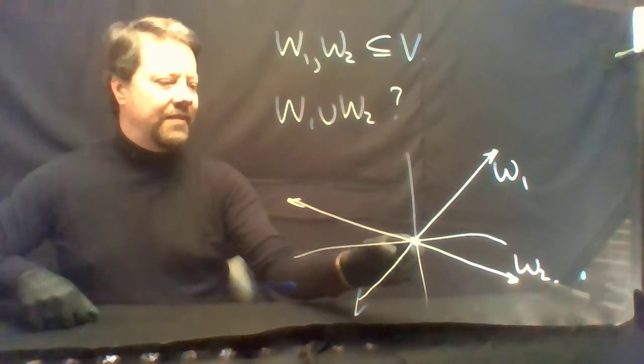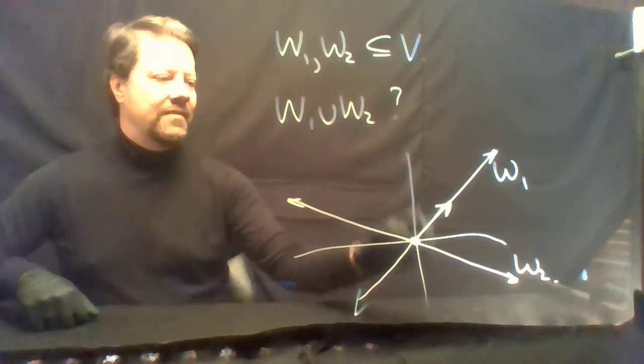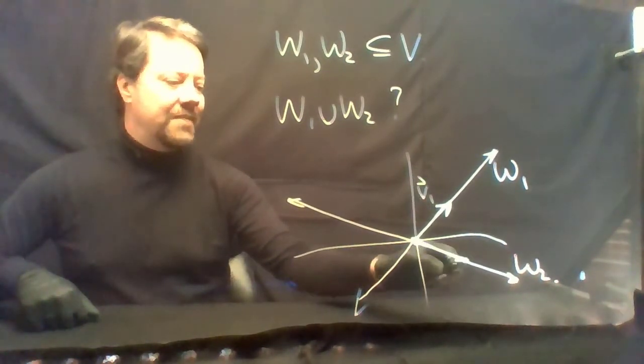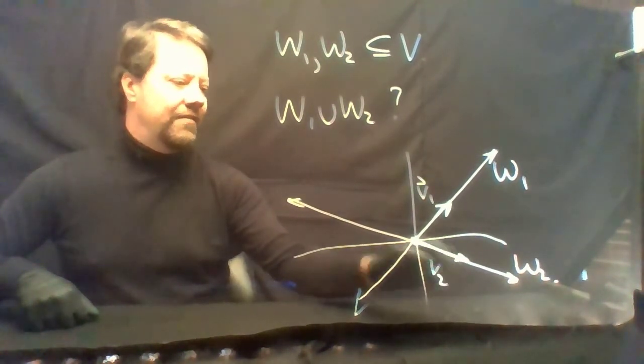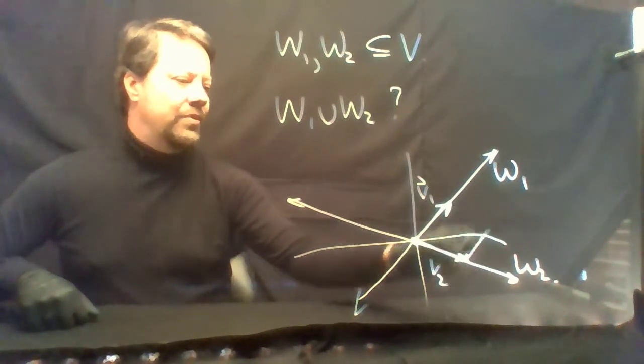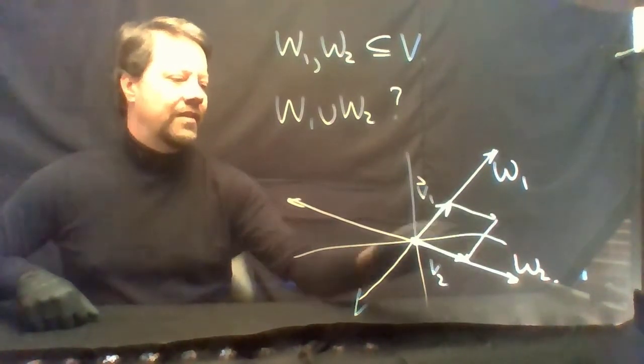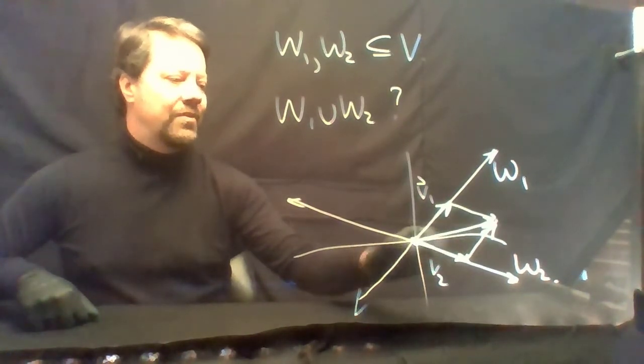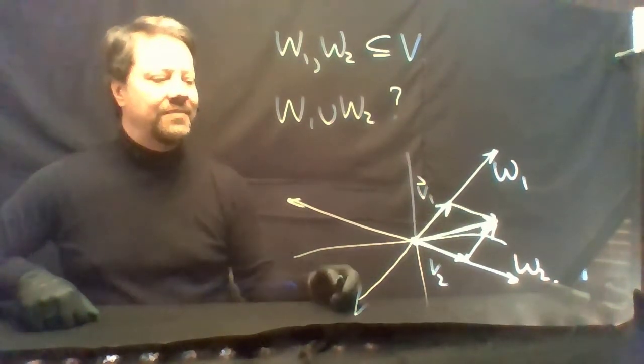If you take something from the first space, say V1, and add to it something in the second space, V2, by the usual notions of vector addition, by placing them tip to tail, you draw in the diagonal.